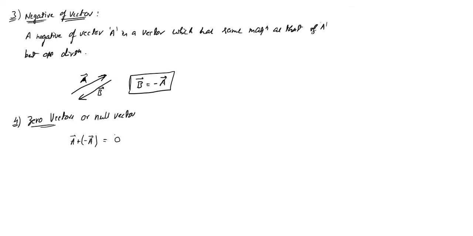This is the zero vector. Zero vector has zero magnitude and arbitrary direction. Because the addition of two vectors should always be a vector, that's why we have defined the zero vector.